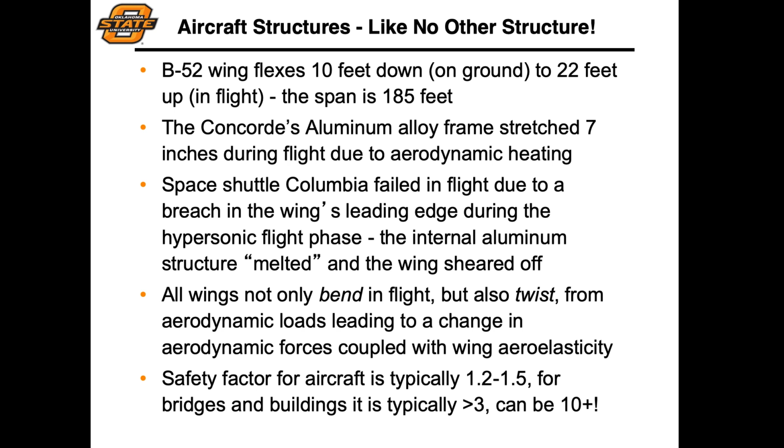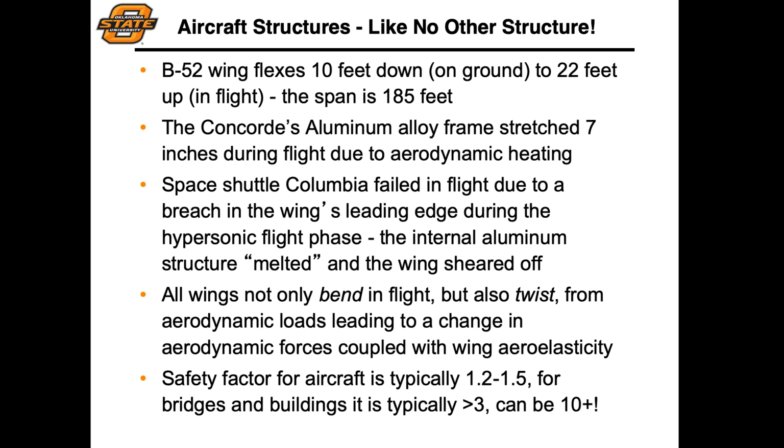And if you think about this 32 feet as a function of the overall 185-foot span, that's a substantial fraction that this structure is flexing. The Concorde, when it was in operation, actually stretched 7 inches during flight just due to aerodynamic heating. So it grew over half a foot as it was flying.